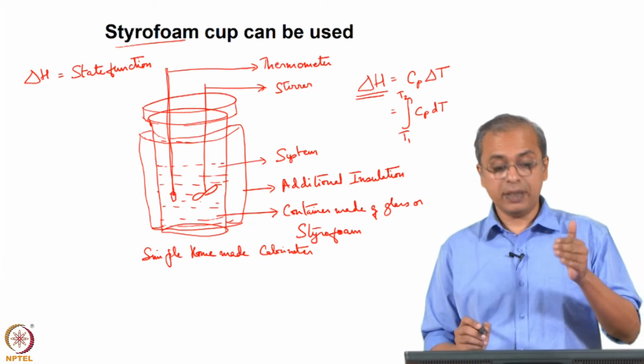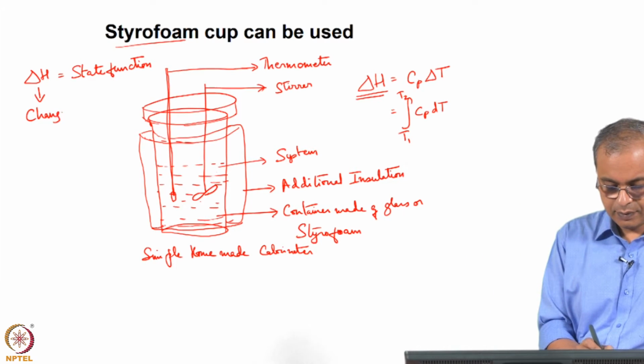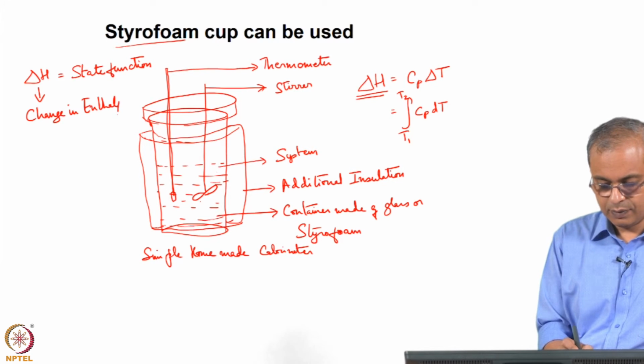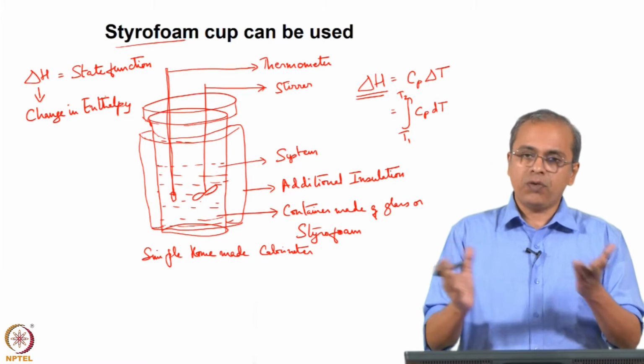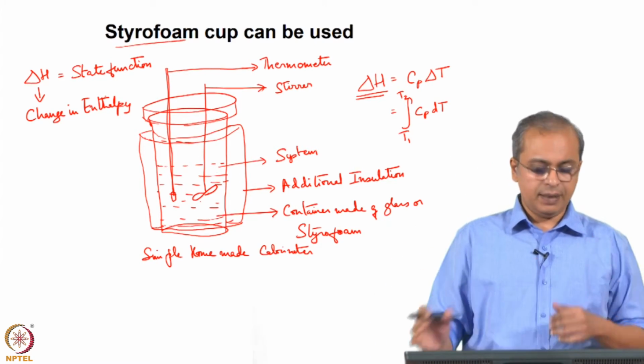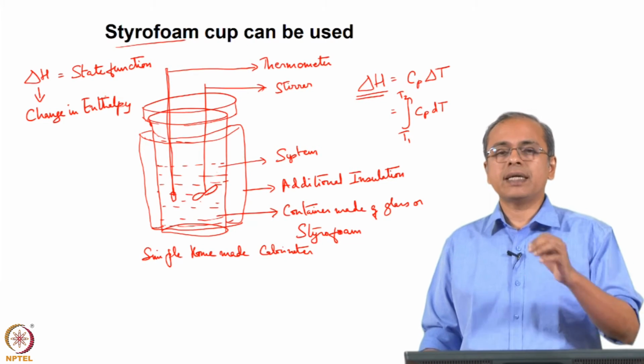Delta H is also the change in enthalpy. The heat involved in a process is referred to as the change in enthalpy associated with that process, and it turns out that it is a state function.